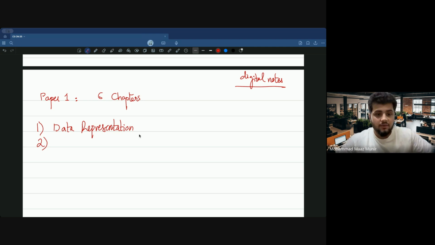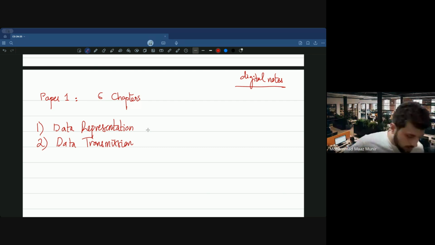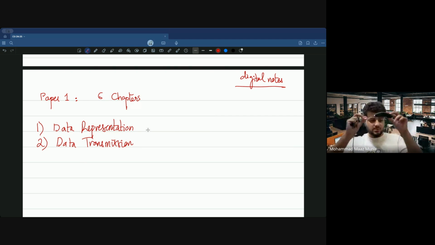Yeah. So we have data representation. The second topic is data transmission. In data transmission, we will be covering topics related to how USB works, how a mouse works. I have this mouse with me. Can you all see it? If I connect this mouse to a laptop or computer, how does it communicate?